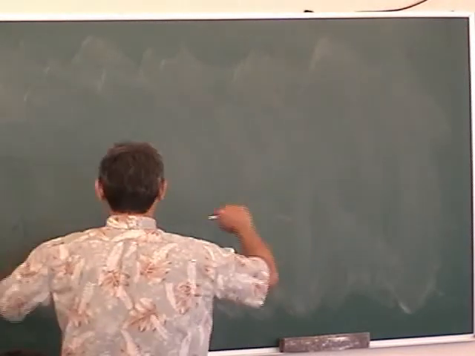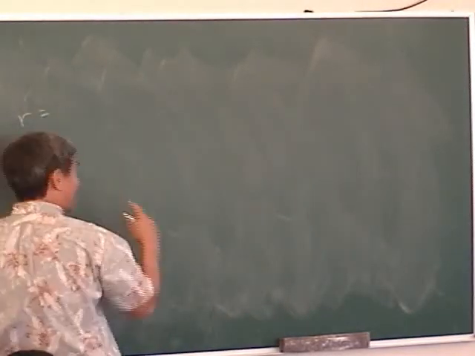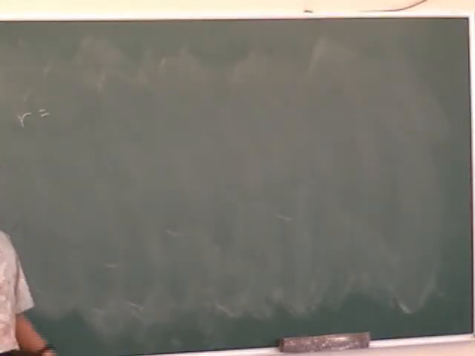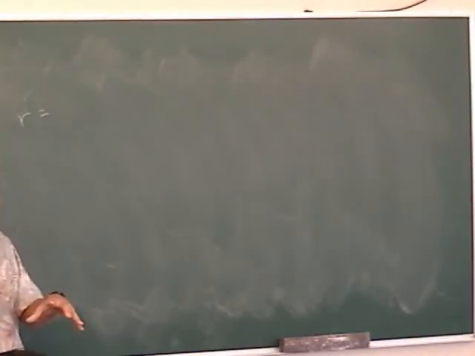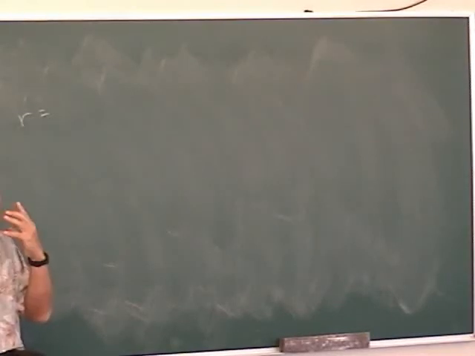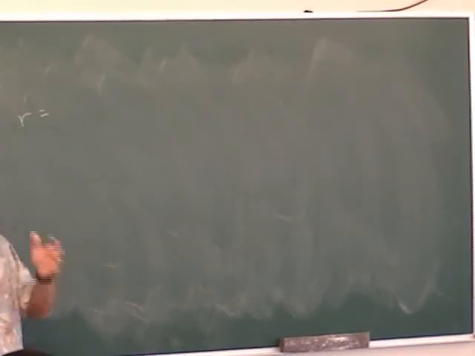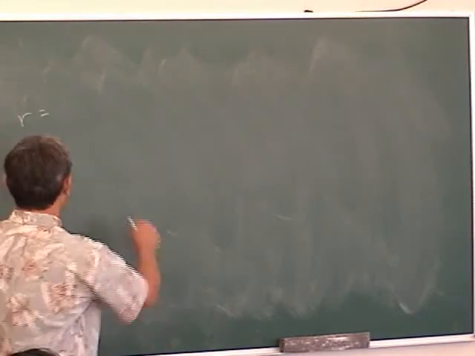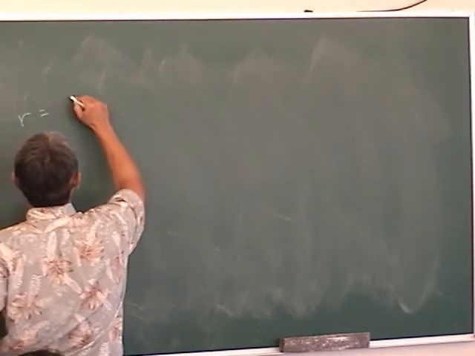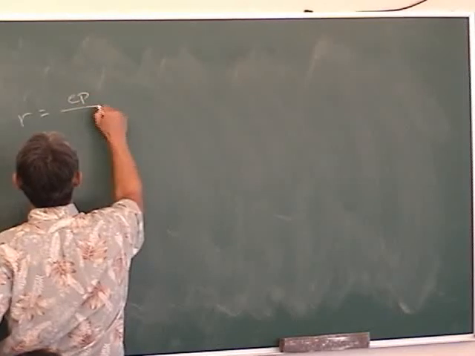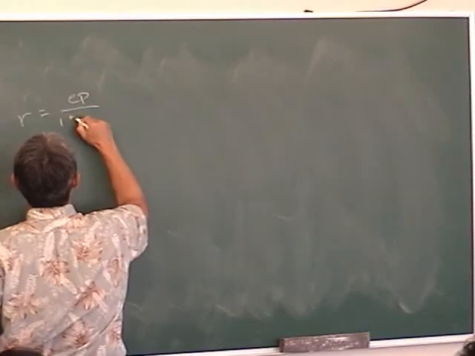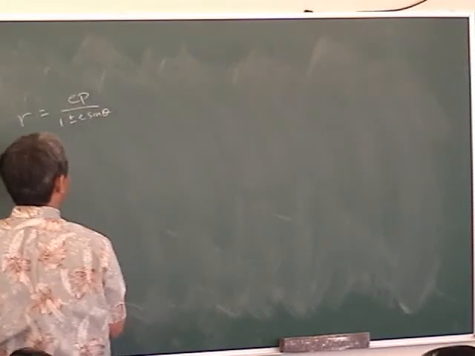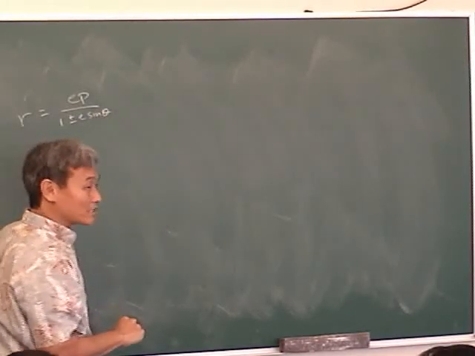Oh, polar. Okay, I'm going to give you a secret now. Usually, up until last year, I didn't tell them any secrets about this, but I'm going to give you the secret on the very first day, so you better take it and run. Anytime you have an equation r equals ep over 1 plus or minus e sine theta or cosine theta, that's going to be a conic section.